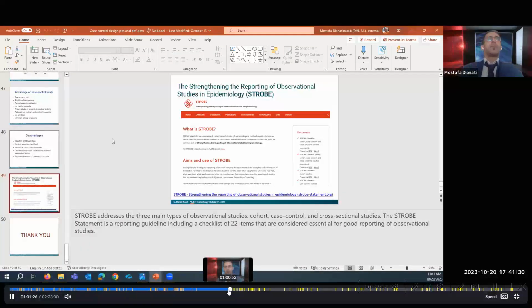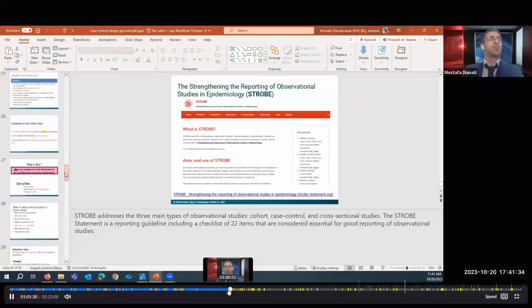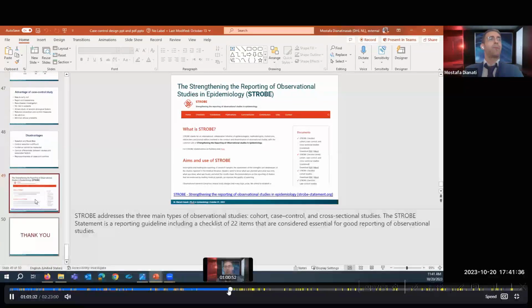Okay, do you remember this slide? This one was about case control studies, okay? Exactly the same as case control study, we use STROBE for cohort study and cross-sectional study. So keep it in mind when you are preparing your reports and you are going to write a paper, I mean a manuscript.